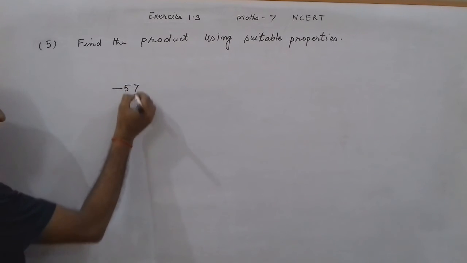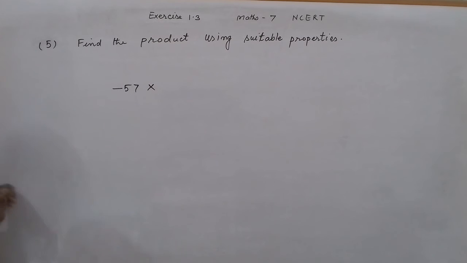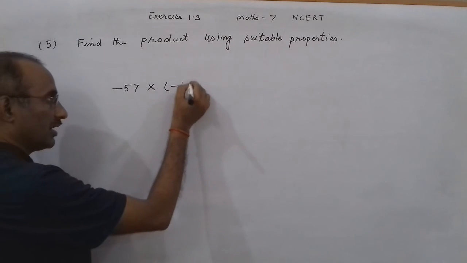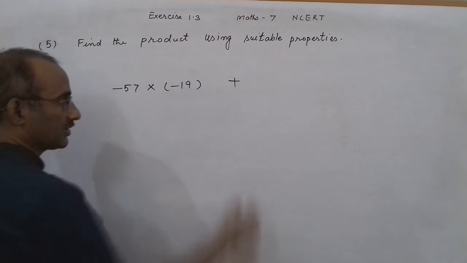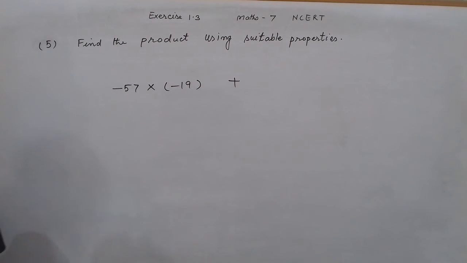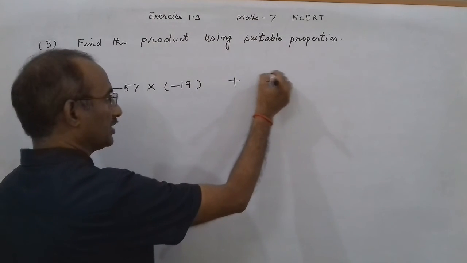Minus 57 multiplied with minus 19 and plus 57.